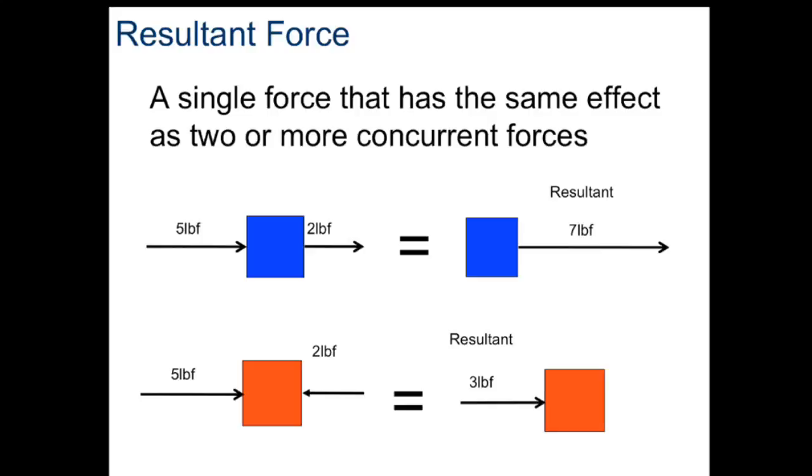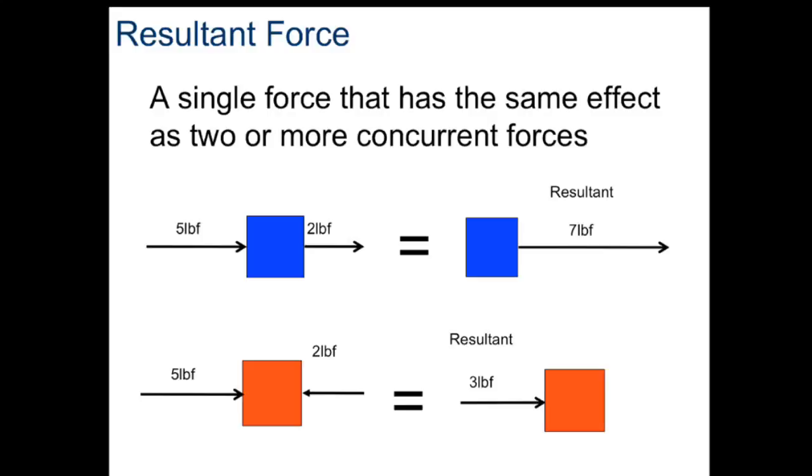If two forces act on an object in the same direction, the resultant force is just adding them up. Usually the length of the arrow represents the magnitude of the vector, which is why this one is bigger than this one, because this has a 2 pound force.